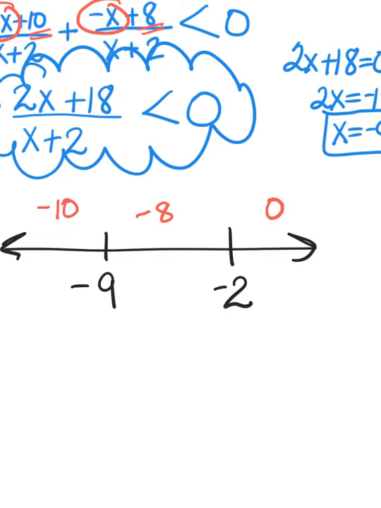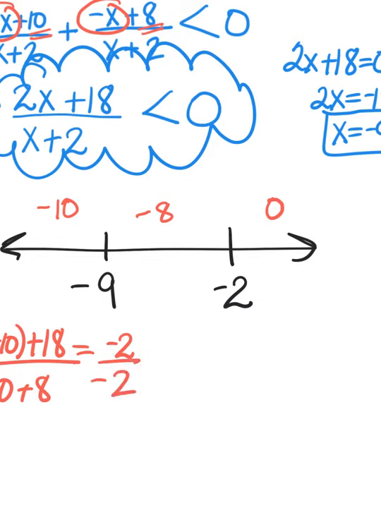So it's going to be 2 times negative 10 plus 18 over negative 10 plus 8. 2 times negative 10 is negative 20 plus 10 is negative 2. Negative 10 plus 8 is negative 2. Two negatives in a fraction make it positive. So my first result is positive.